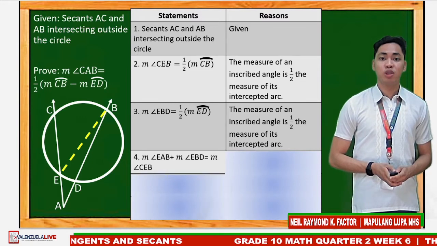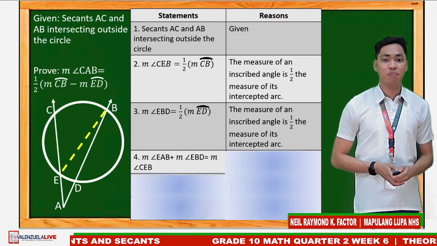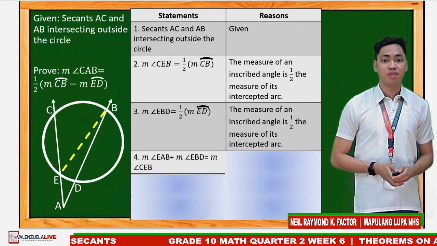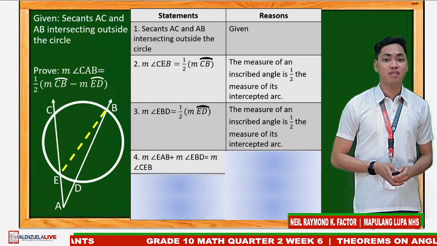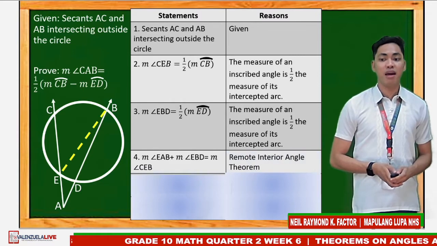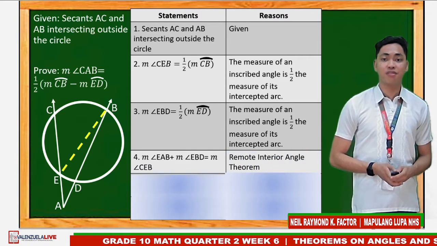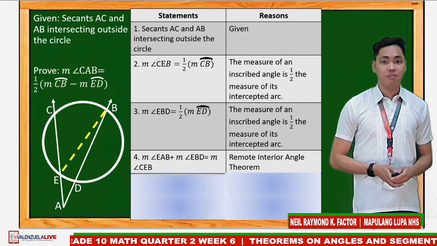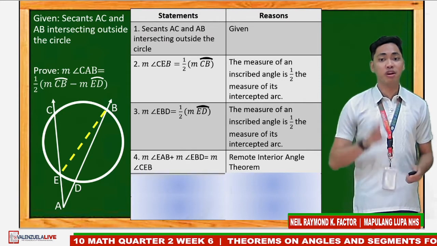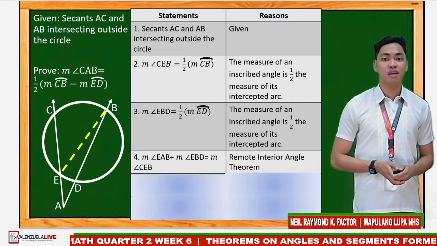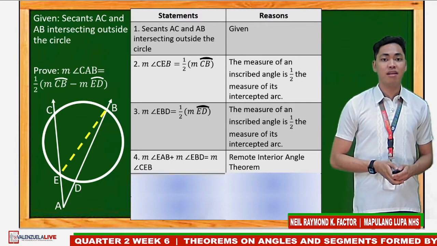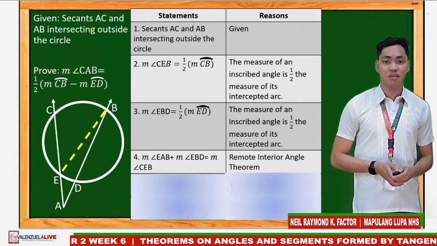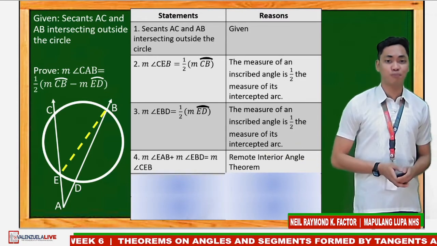The measure of angle EAB plus the measure of angle EBD is equal to the measure of angle CEB. This is by the remote interior angle theorem. We have the triangle BEA and we have its two interior angles, EAB and EBD. And the remote exterior angle is CEB. Therefore, we have this equation.